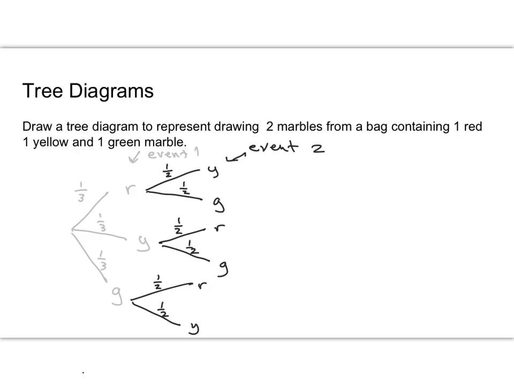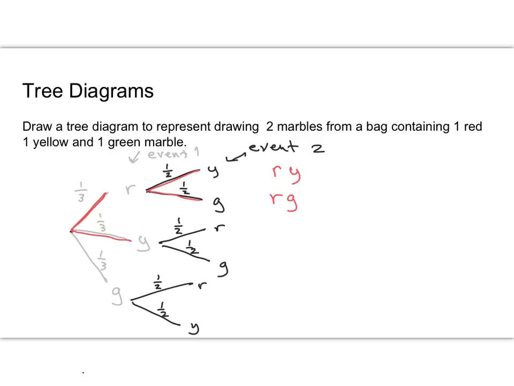And in order to do that, I need to go down the branch from the base of the tree. So I'm going to go down the branch here. If I draw red and yellow, this is my red, yellow. I could draw red and then green.